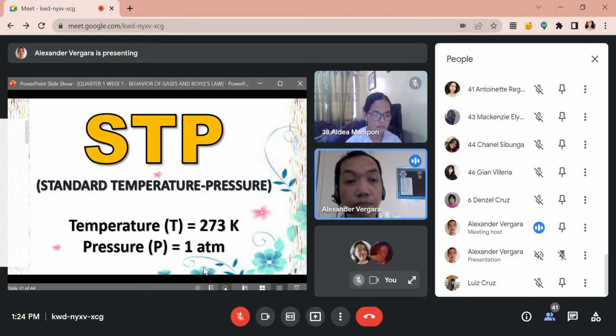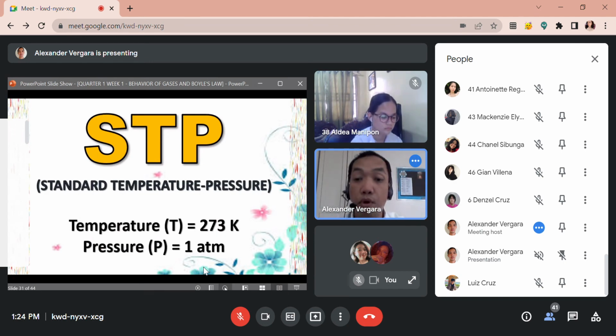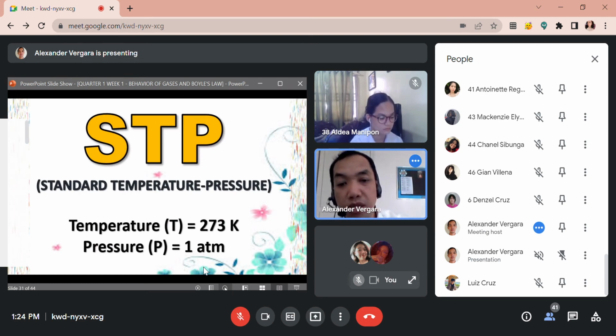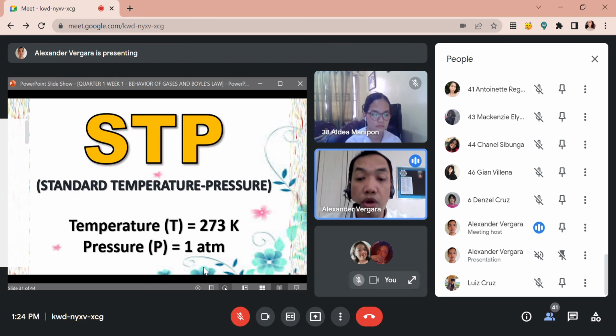Remove already the 0.15 so that we will not have decimal points anymore. So just follow 273. And for pressure, the standard pressure, we will always convert into atmosphere. So if the given is millimeter of mercury, then convert that millimeter of mercury to atmosphere.